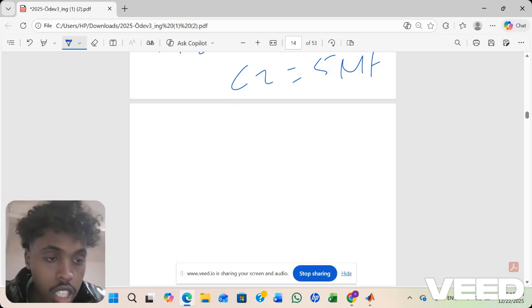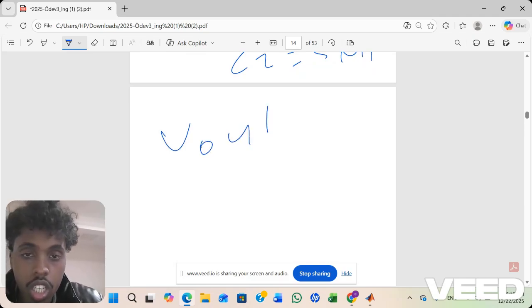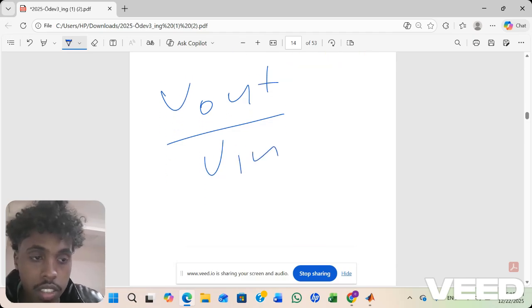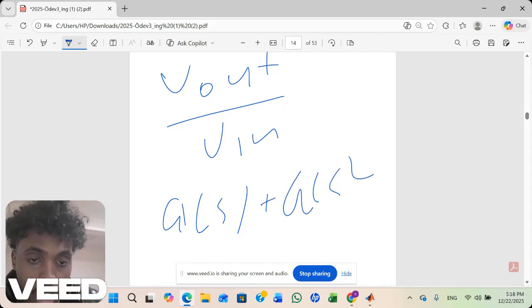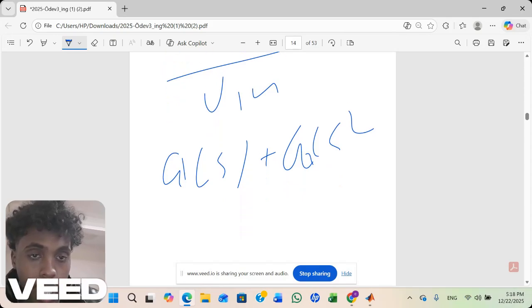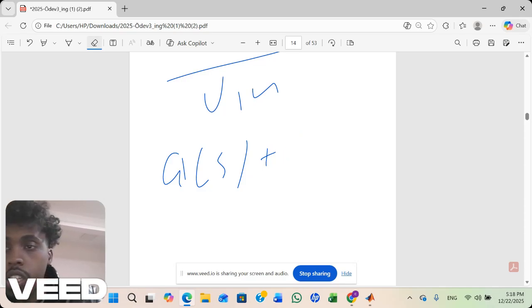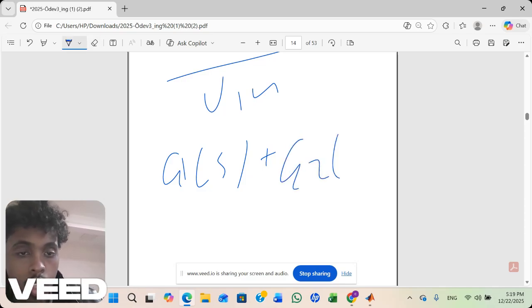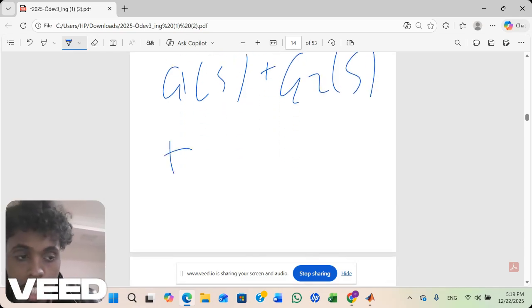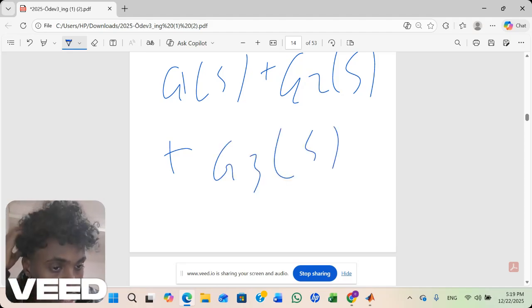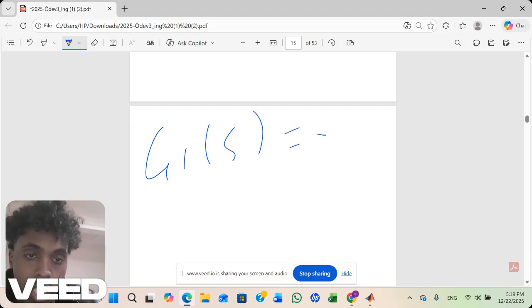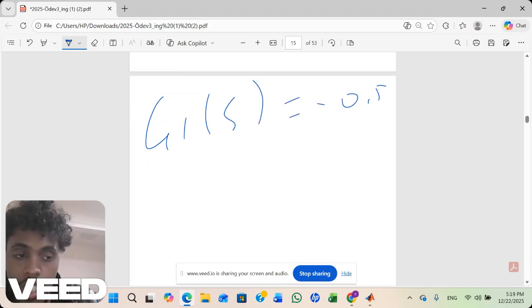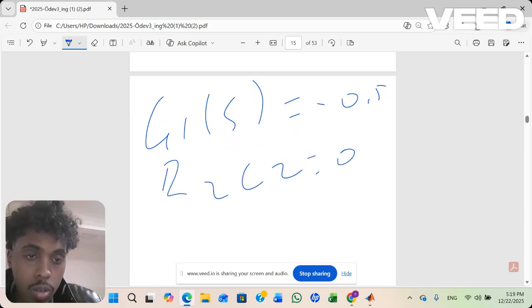We will see if we say Vout over Vin. So G1 s plus G2 s plus G3 s. G1 s means 0.5. R2 and C2 is 0.5 also.